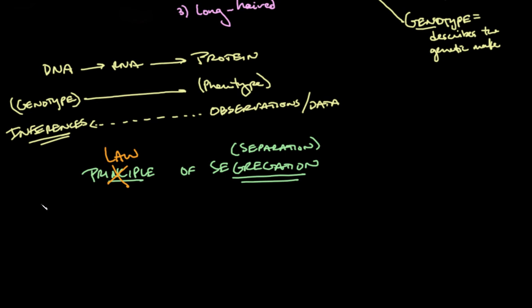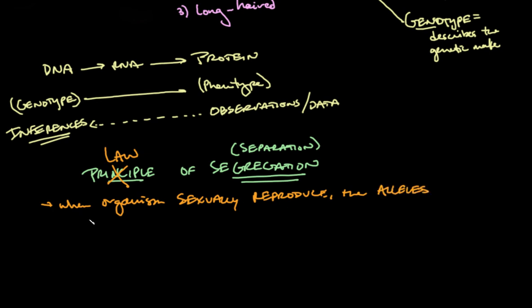So the idea here is that when organisms sexually reproduce, and I'm going to put this in all caps because it's a new word for us, we'll review what sexual reproduction means from your notes from the previous video, the alleles segregate or separate from each other.